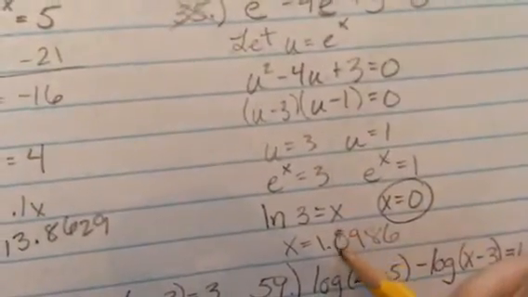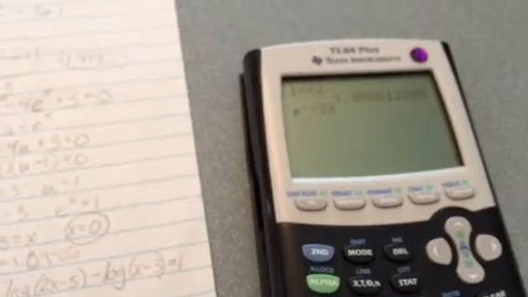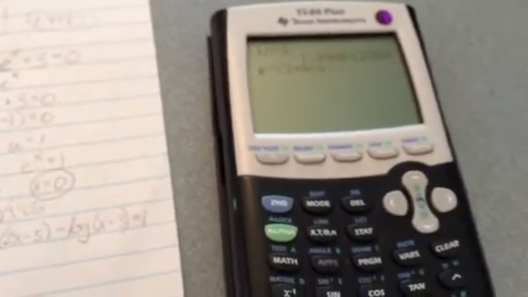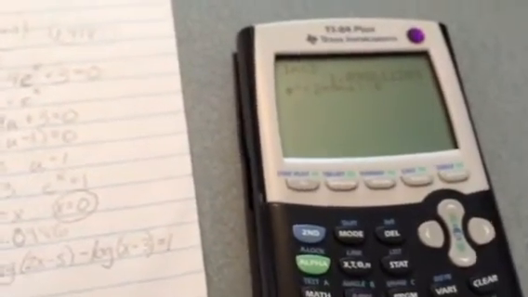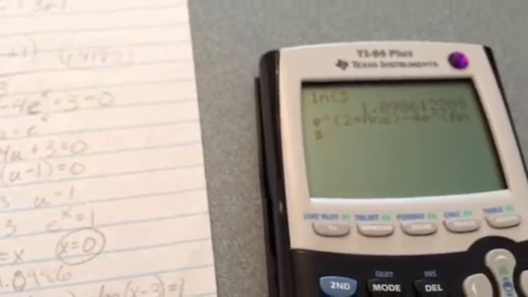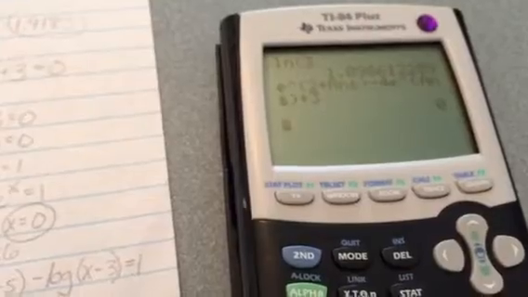1.0986. And again, I could store this in my calculator and double check it. But right now I actually have it as my answer in my calculator. So if I just do e to the 2 times answer minus 4 e to the answer, second negative sign, by the way, there's your answer key, and then into parentheses plus 3, and I know my answer should be 0, and voila, it is.